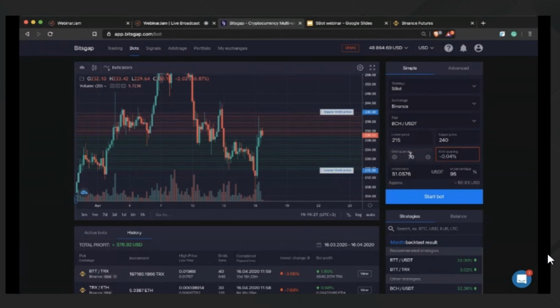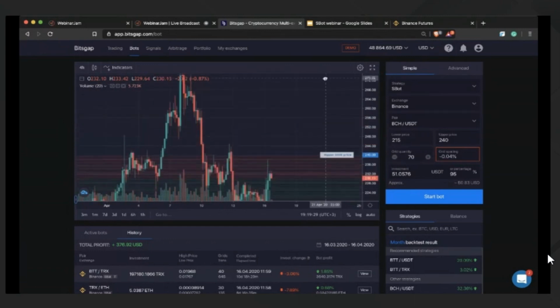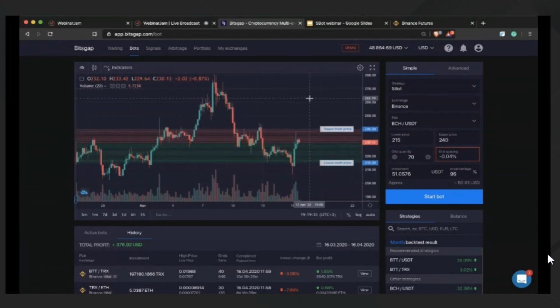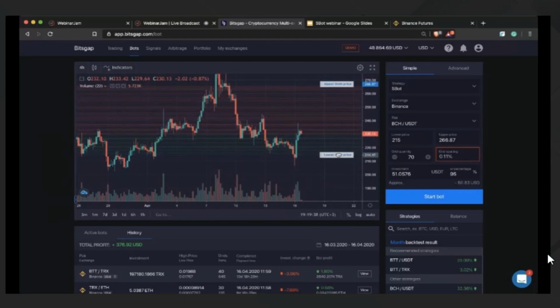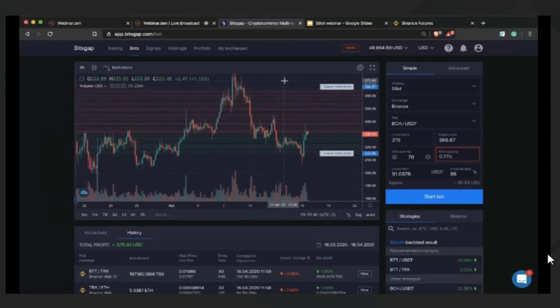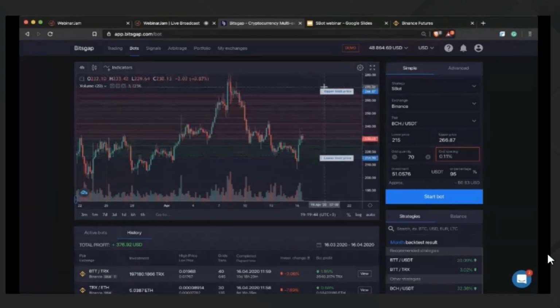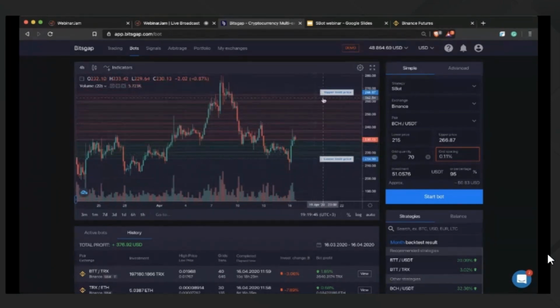So let's say for this particular case, I want to set a wider sell zone and a narrow buy zone. Why would I do this? Well, let's say I expect that the price is gonna go upwards.